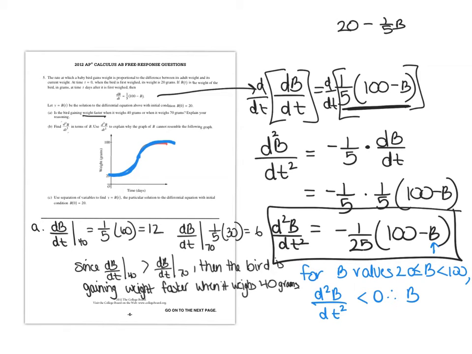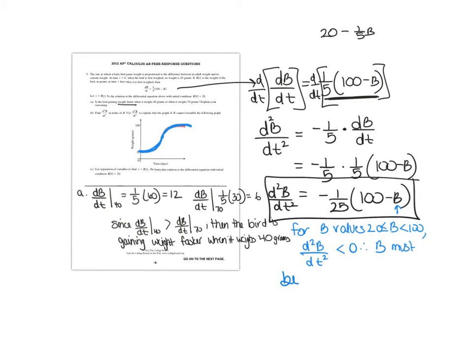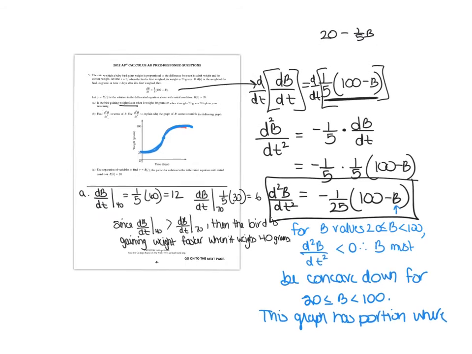Therefore, b must be concave down for those values. Okay, in this graph has a portion where it is concave up.